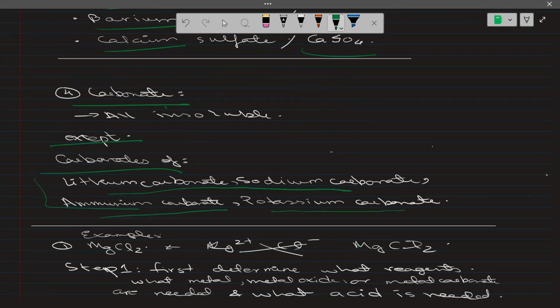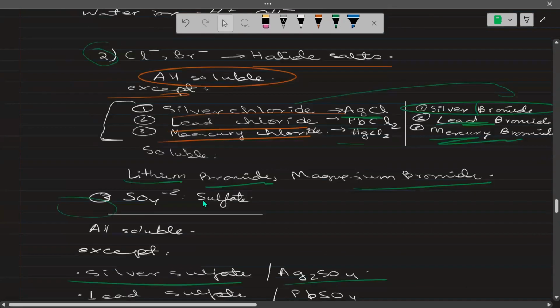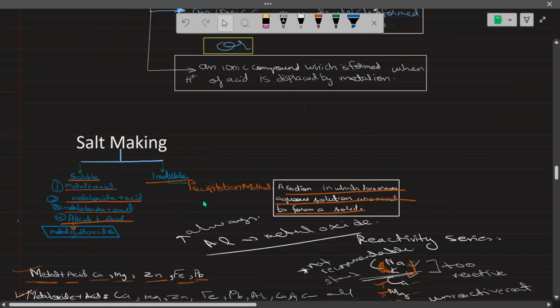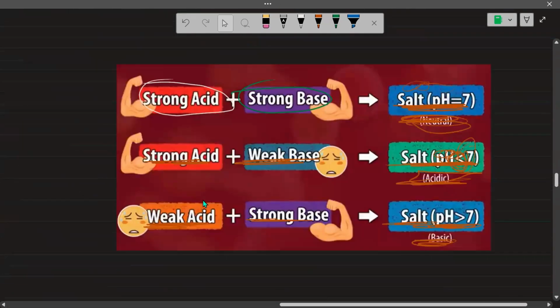Except for these four, all are insoluble. Basically, you may see it as SPLA salts are soluble, but nitrate doesn't come in here. Only SPLA salts are soluble. So we are done with the rules of solubility until now, and with salt making, the definition of salt, and the pH of salt.